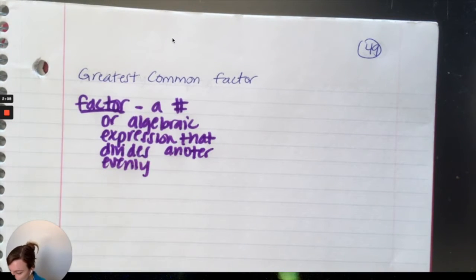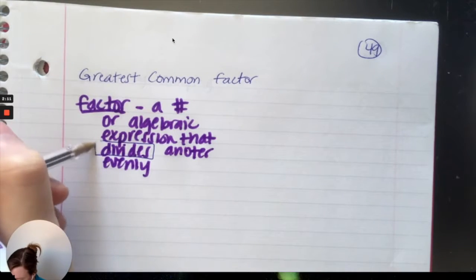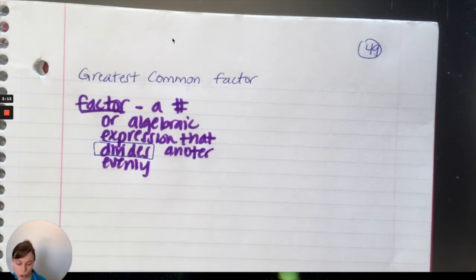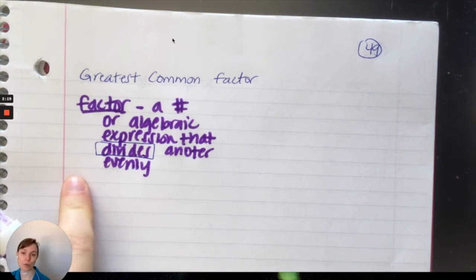And I'm going to box that word divides, okay? So greatest common factor is the largest. Common means they all have it in the same, and a factor is what this is, okay?